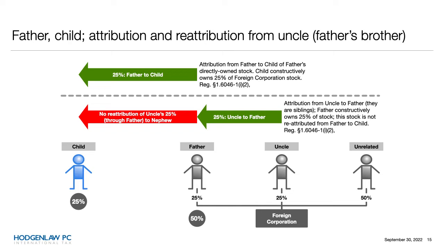So that's why father has 50%. He has his own 25% directly owned and 25% constructively owned by way of uncle, his brother. But when we do the second bounce of the constructively owned stock, uncle's stock to nephew, the child, we do not do that second bounce, and therefore we do not end up with a situation where the child has 50%. The child only has the 25% from the single bounce from dad to child.